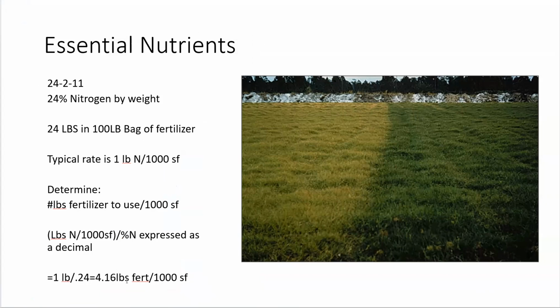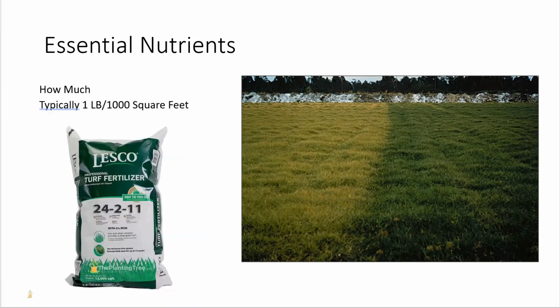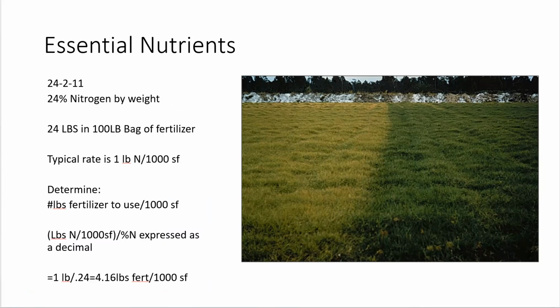That means that in order to put 1 pound of nitrogen down per 1,000 square feet, we need to weigh out 4.16 pounds of this fertilizer. So we take this fertilizer, put a bucket on a scale, and fill that bucket up until the scale reads 4.16.